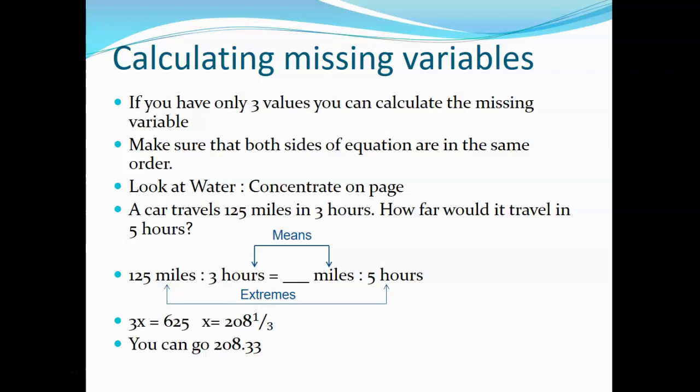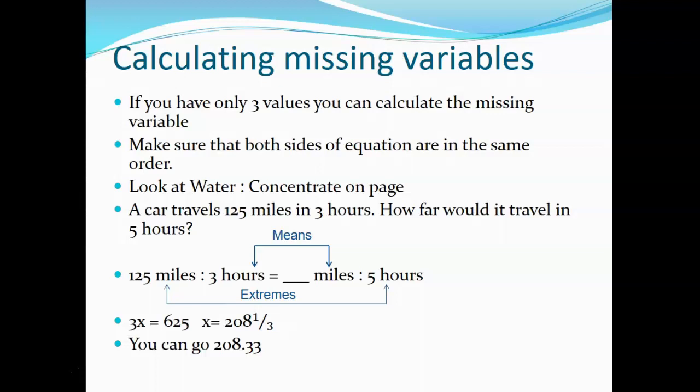So 125 times 5 gives me 625. I multiply the inner sides of these by saying 3 hours, and then I give this a generic x. Why x? Well, because everybody knows x, right? X is a thing you're comfortable with. If you prefer A through Z and any one of the other letters of the alphabet, feel free to use them. I just end up using x because it's a generic one that everybody uses. Does that make sense?